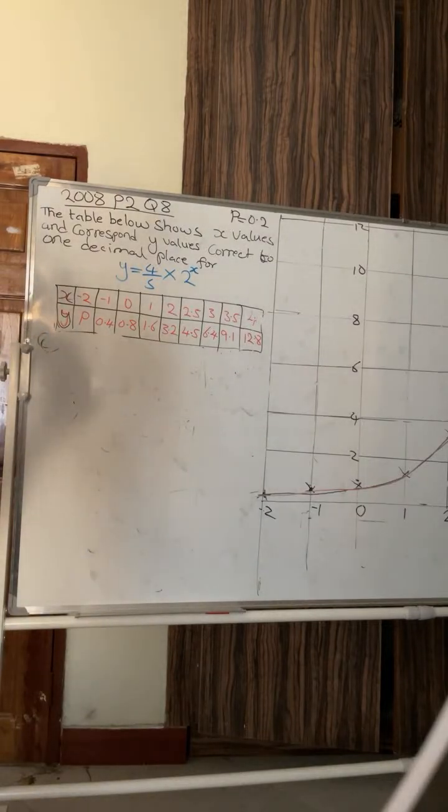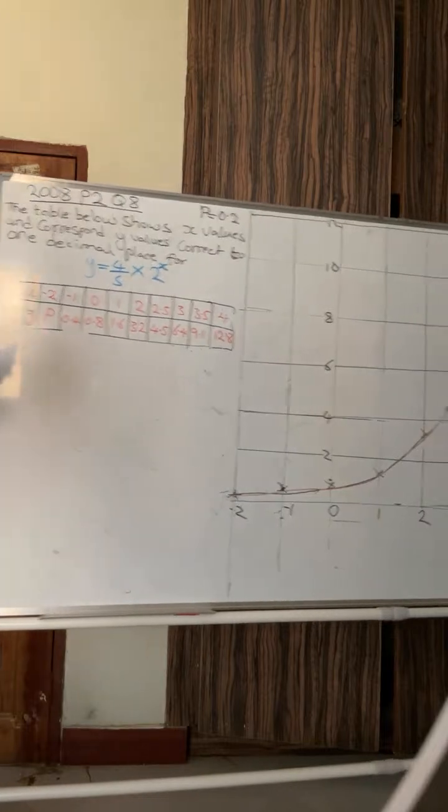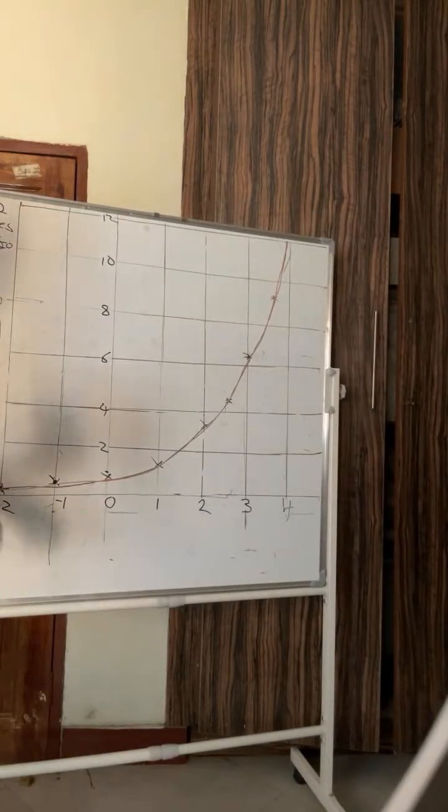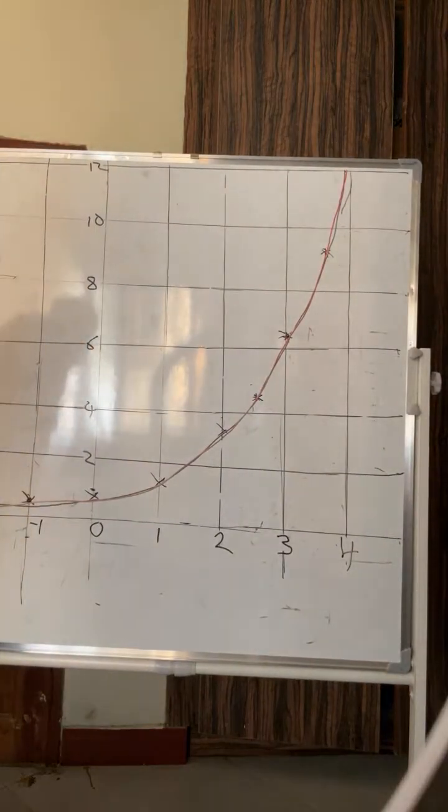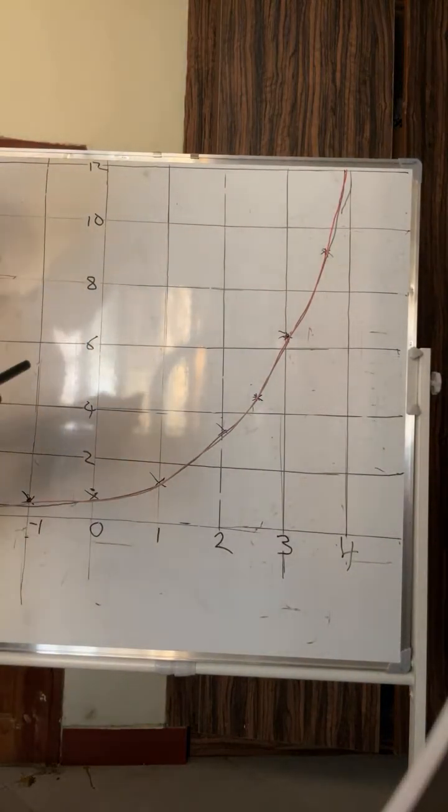Then the other question says, by drawing a tangent, find the gradient of the curve at point 3, 6.4.